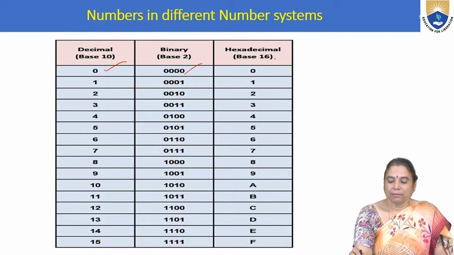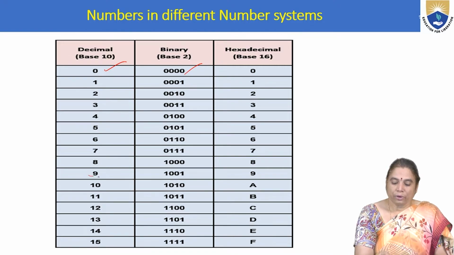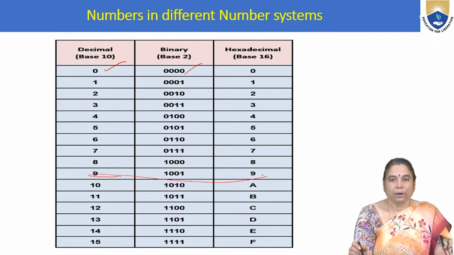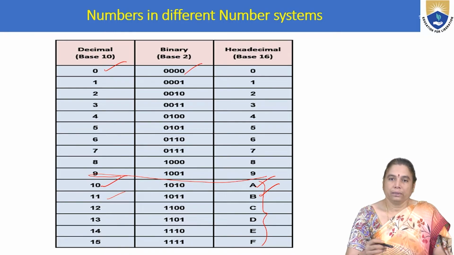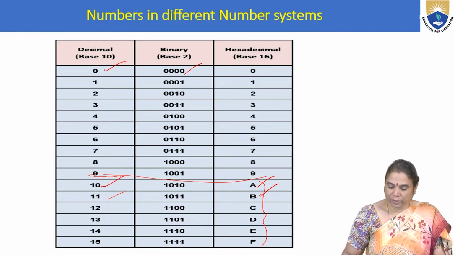In hexadecimal, digits 0 to 9 are represented as they are. After that, to represent 10, the hexadecimal number system uses capital A, 11 is capital B, and like that, letters A to F represent the numbers from 10 to 15. In this way, the number systems use the particular digits of the corresponding system.